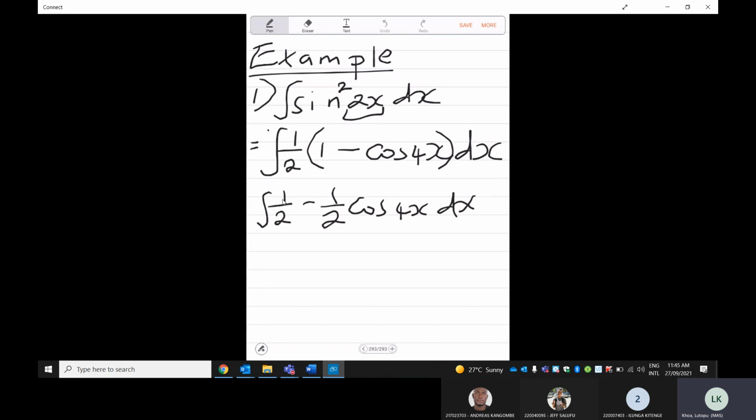Half x, or x over 2. So this is x over 2.